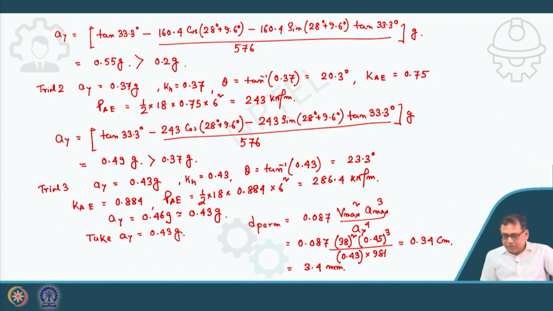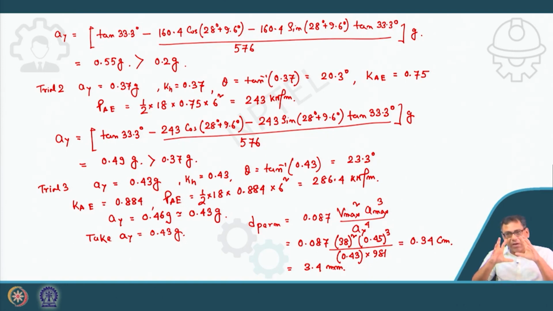So, why is it such a small displacement? Because our yield acceleration is very close to the A max value. Even if you go for another trial, you may get a value even closer to A max. Okay. In such a case, your displacement may reduce further. So, this is the process by which we can determine the seismic displacement.